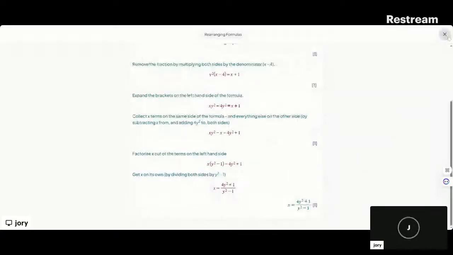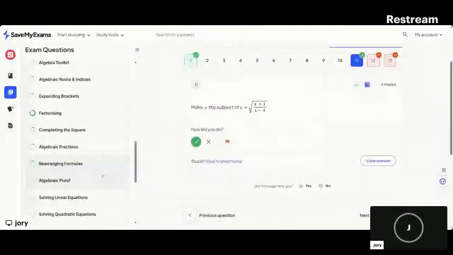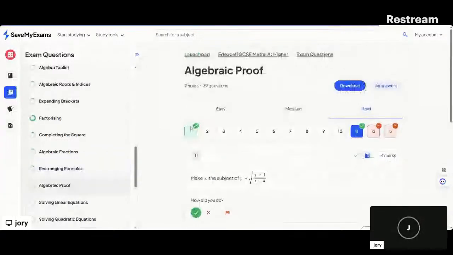I got that one right. Okay, I don't know why I'm getting some right and some wrong. Come back to this. Algebraic proof.